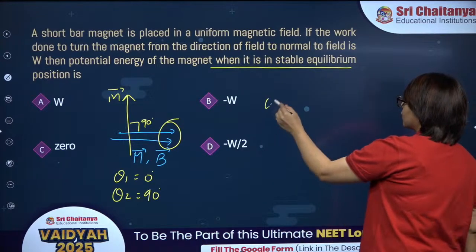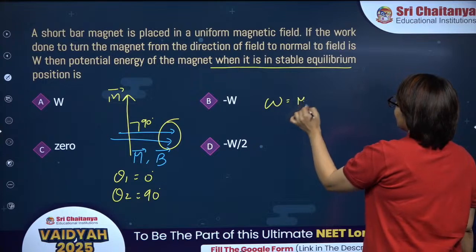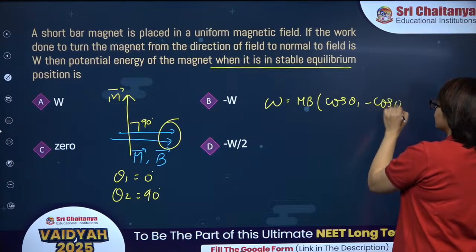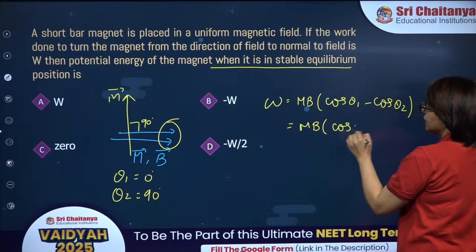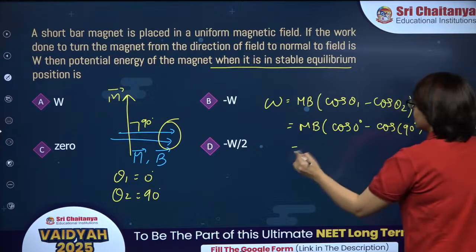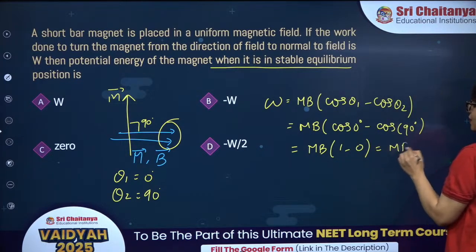So work done in rotating the bar magnet is MB into cos theta 1 minus cos theta 2. So it is MB, cos theta 1 is 0 degree minus cos theta 2 is 90 degree. So it will be MB into 1 minus 0, which is equal to MB.